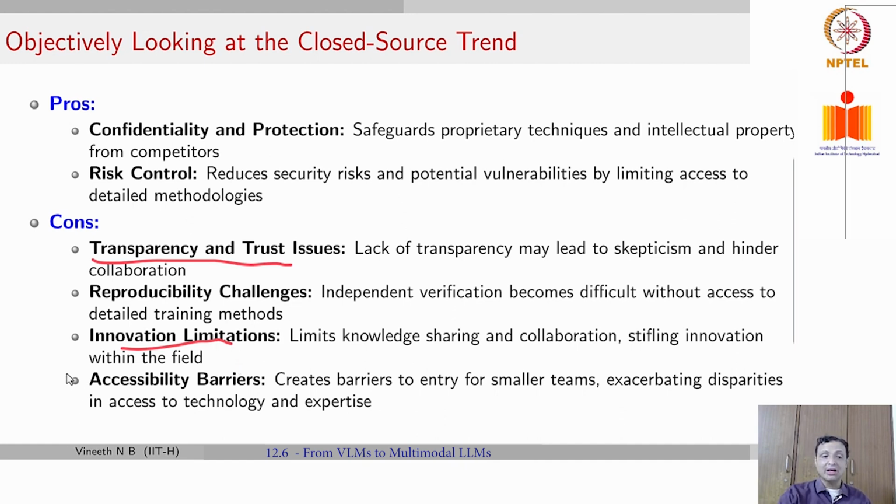This is also going to create accessibility barriers for smaller teams, say from academic institutions, to build on top of these foundation models, which could lead to disparities in access to technology and expertise. Hopefully, we will continue to see open source models in the near future too, so that some of these cons can at least get mitigated.